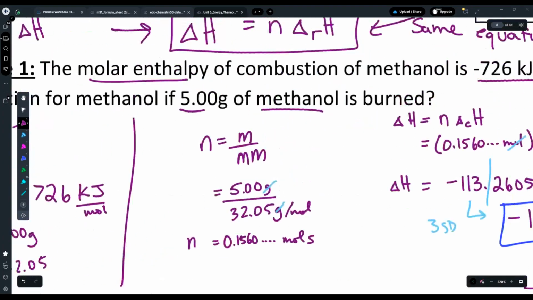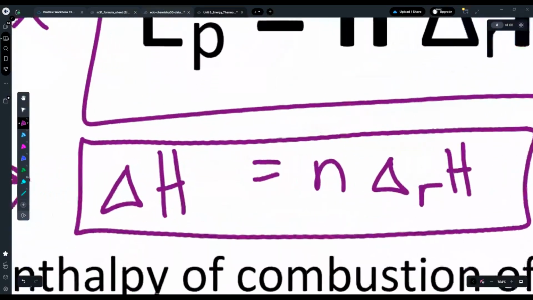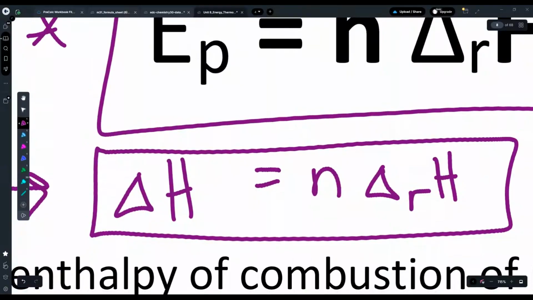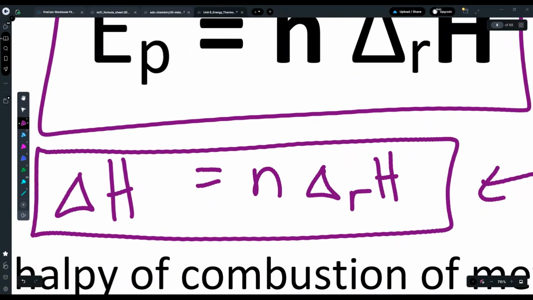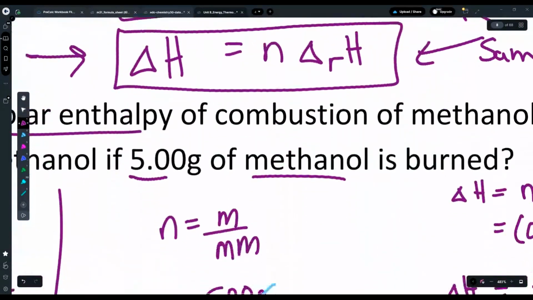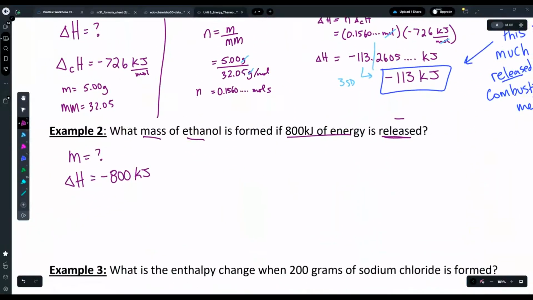Okay, now looking at our formula, change in enthalpy is negative 800. Moles, we weren't told what the moles was, so we have no clue about that. But with the molar enthalpy, let's look at this question.